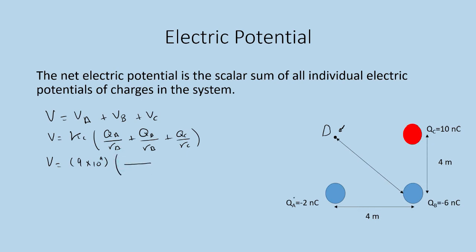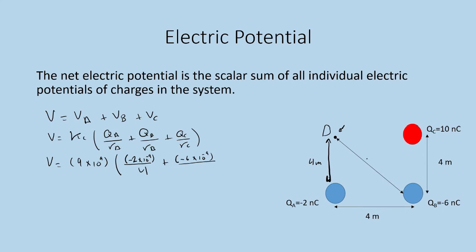Qa is given as negative 2 nanocoulomb, so it is negative 2 times 10 to the power of negative 9 over the distance from A to D. This distance is the same as this distance, which is 4 meters, plus Qb, negative 6 times 10 to the power of negative 9, over the distance from B to D, which is an unknown. If I consider this right-angled triangle, this side is 4 meters, this side is 4 meters.